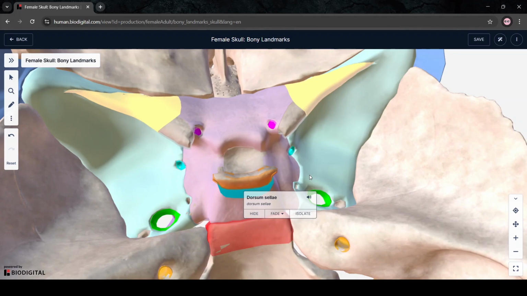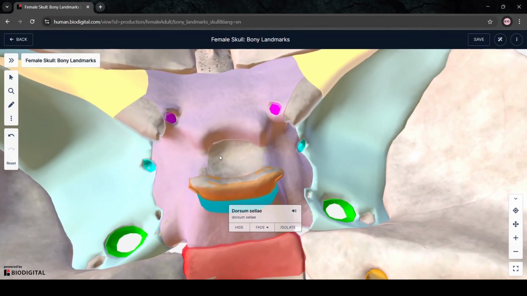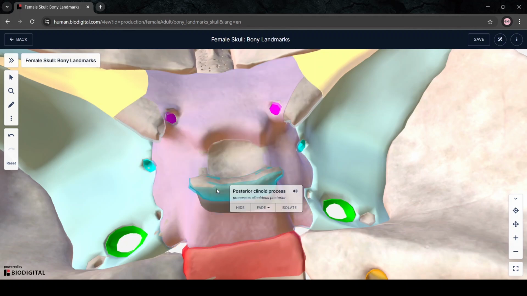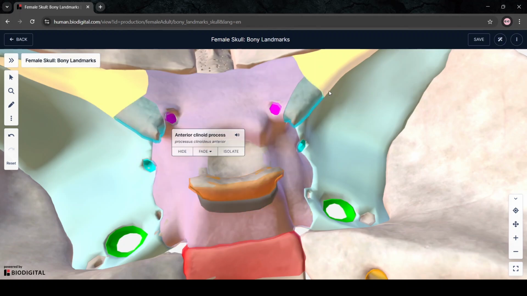Makes sense? Logical? Clear? Something that I want you to know is that what bounds the Turkish saddle is the anterior and posterior clinoid process. We have the anterior clinoid process, which is right here.